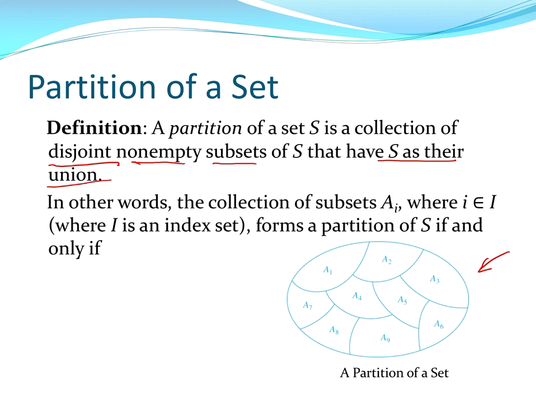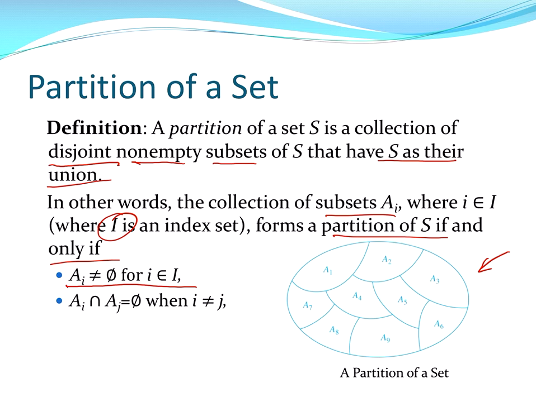In other words, a collection of subsets forms a partition of S if and only if, where I is the index set, by the way, every subset is non-empty. If the indices are different, their intersection is the empty set.